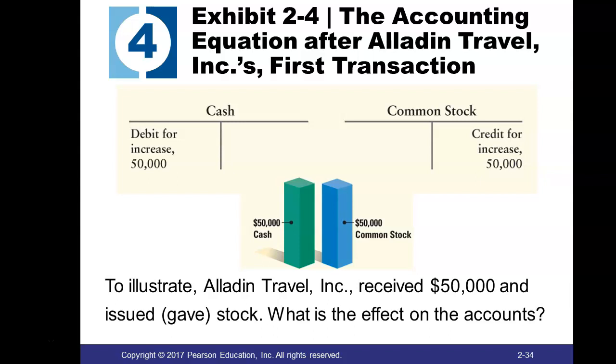So our cash is going up. However, common stock is also going up, and it's going up with a credit. To increase an equity item, you have to credit. So we have a debit to our cash and a credit to our common stock equity. Our entry is balanced. Our debits of 50,000 equal our credits of 50,000.